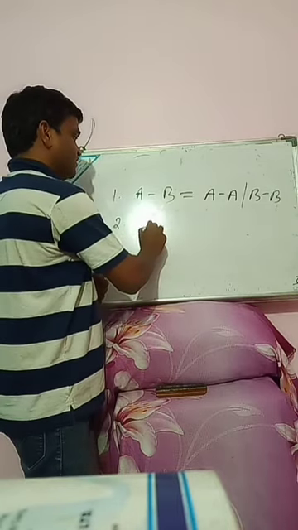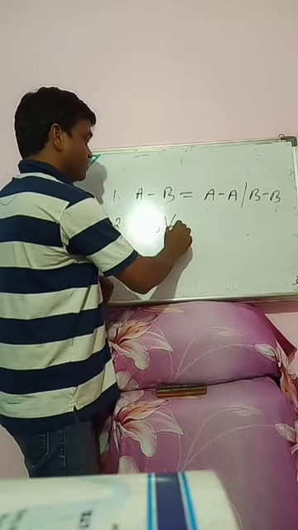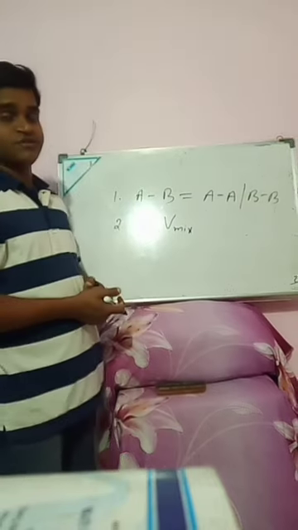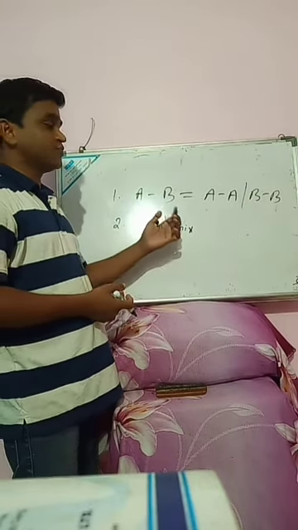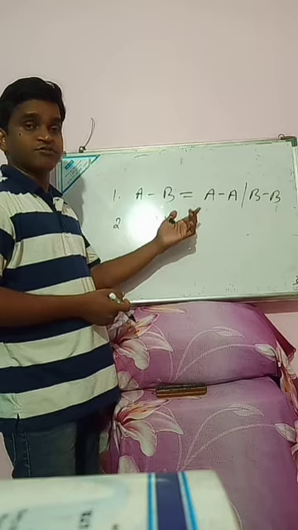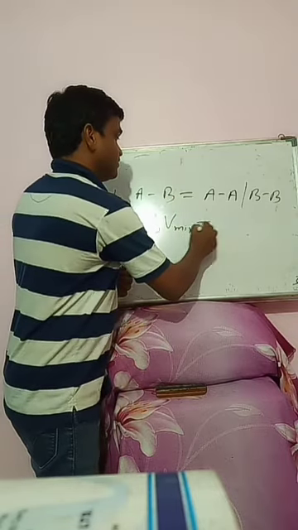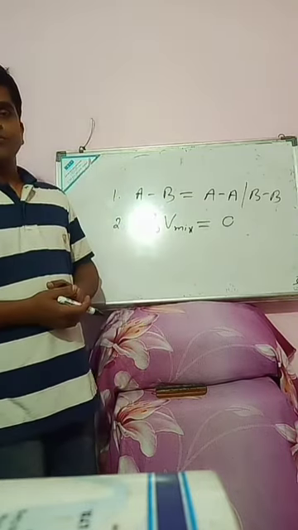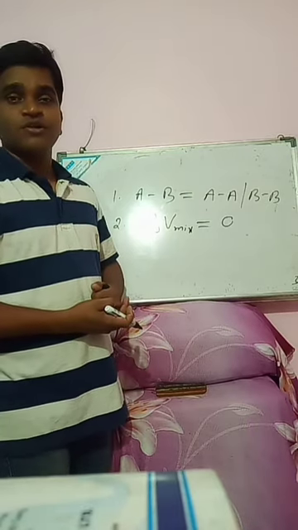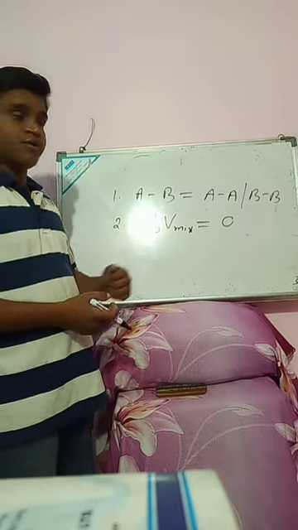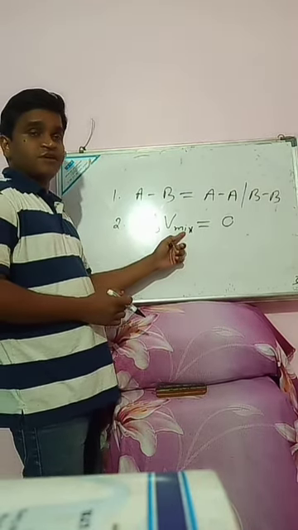That is, delta V, the change in volume during the mixing process of the two components, that is solute and solvent, should be zero. Change in volume should be zero during the preparation of the solution. Where this criteria is satisfied, then the solution is said to be ideal one.